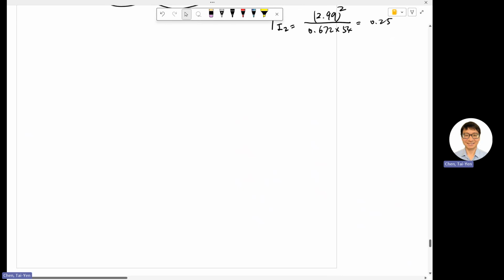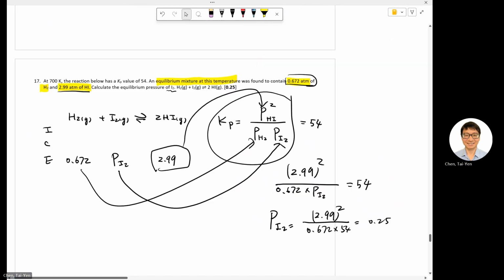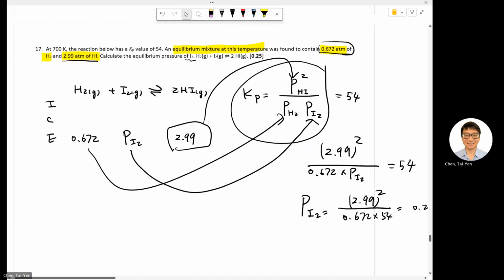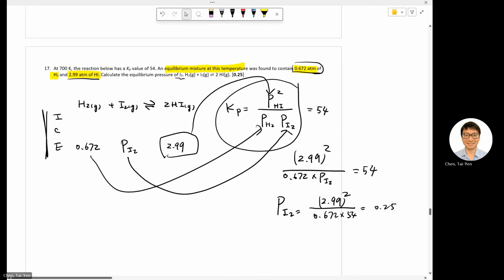Any questions? Yeah, because here you already know, even though I write the ice table, since you know this keyword, equilibrium mixture, that means the information it provides belongs to at equilibrium.